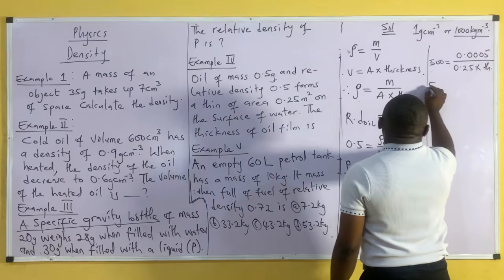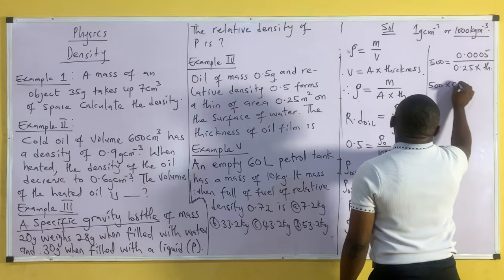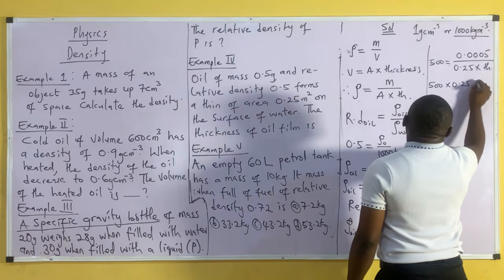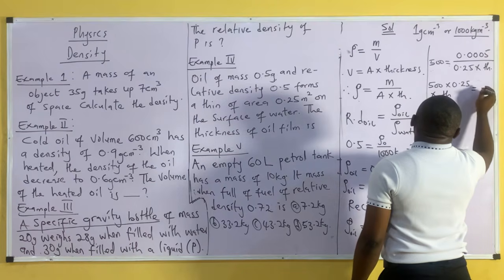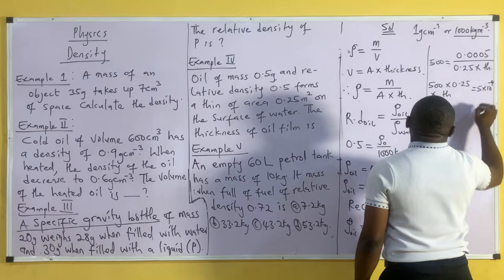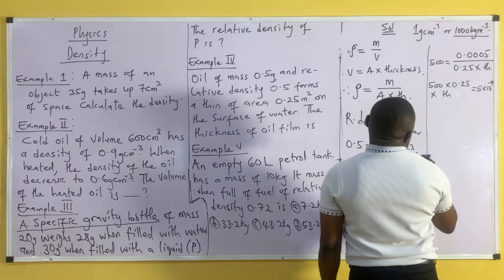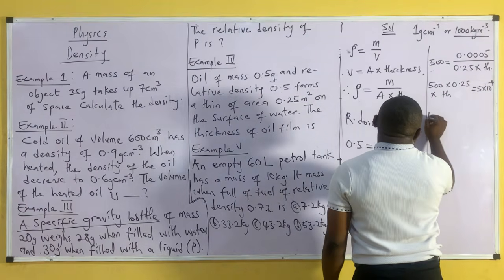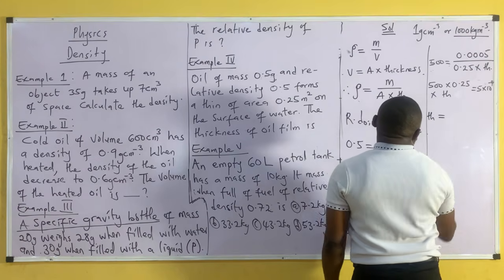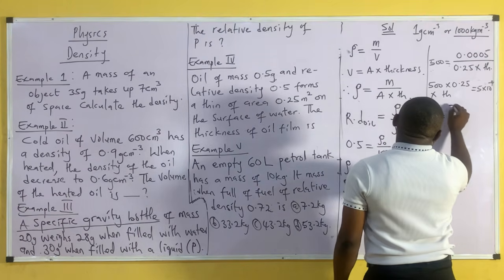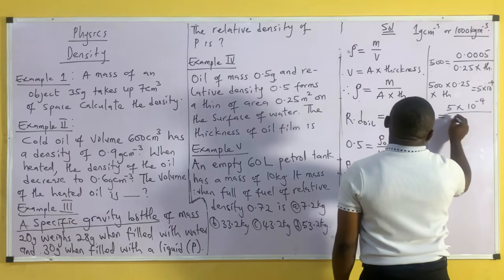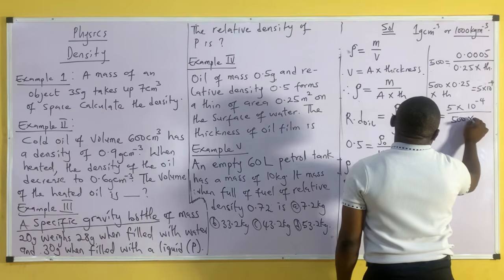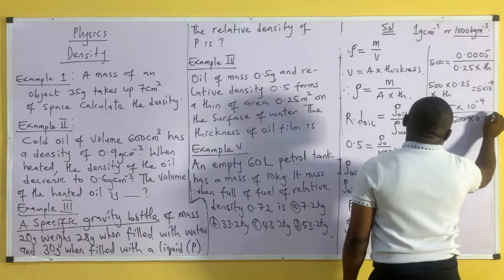You have 500 times 0.25 times thickness, everything equal to 5 times 10 raised to the power minus 4. Now what do we have as thickness? The thickness will be equal to 5 times 10 raised to the power minus 4 all over 500 times 0.25.